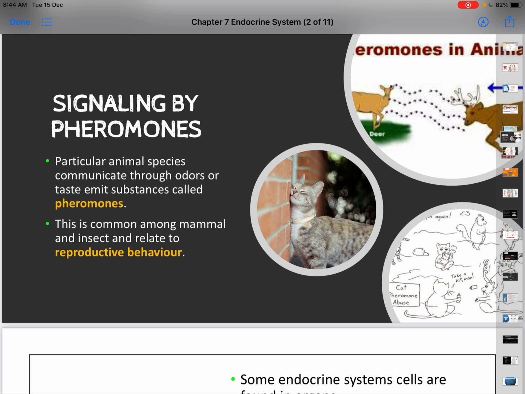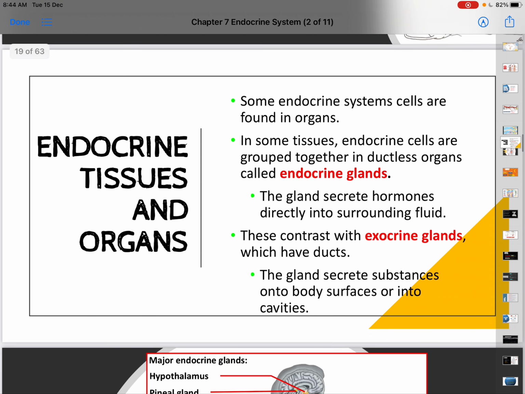Pheromones are very common among mammals and insects when they are going to mate, to do reproductive behavior. Even humans also have pheromones. Examples of animals that have pheromones are cats, deer, and many other mammals.